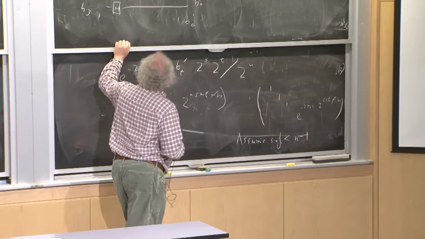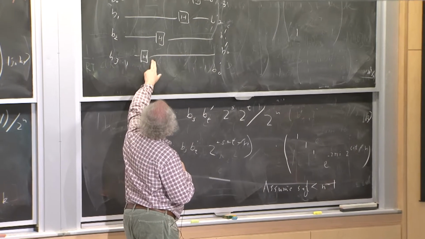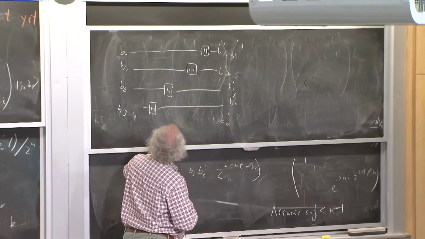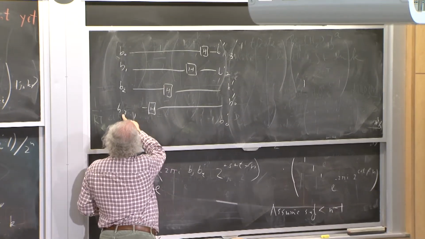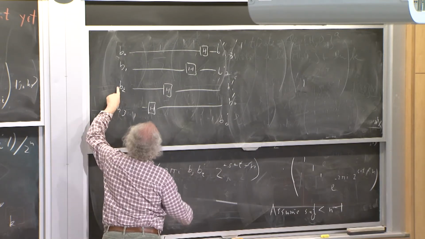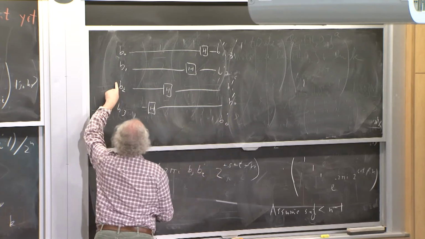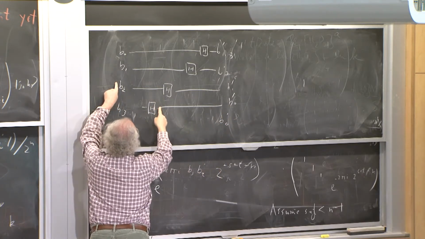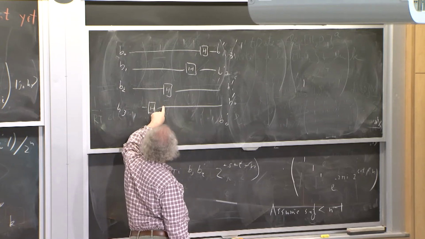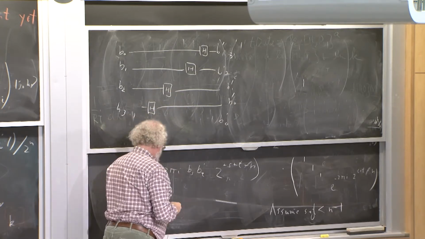So what does that do up here? Well, if s plus t is less than n minus 1, so this is s, and here is t, and s plus t is less than 3, then there is room here for a gate after you do this Hadamard and before you do that Hadamard.